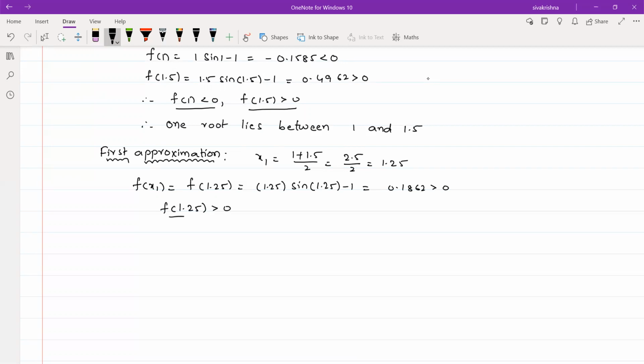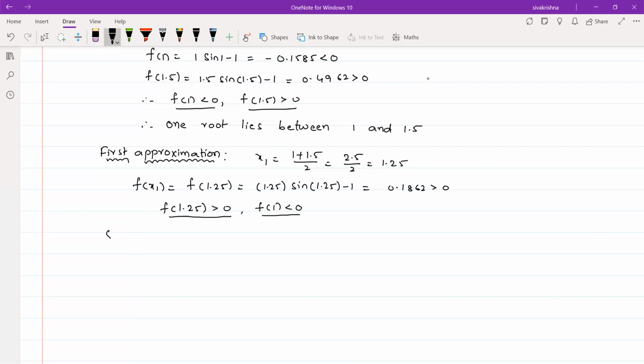In order to calculate the next approximation, we require two numbers of opposite signs. Here we have one number, f of 1.25, with a positive sign. From the above step we carry the number with a negative sign, and that is f of 1, which is less than 0. Whenever we have two numbers of opposite signs, we can calculate the next approximation.